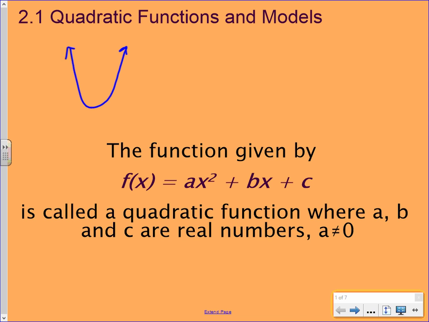Okay, here we go. f of x equals ax squared plus bx plus c. This is a quadratic function. Okay, now something that's kind of strange in this book compared to last year. This is what you used to call standard form.